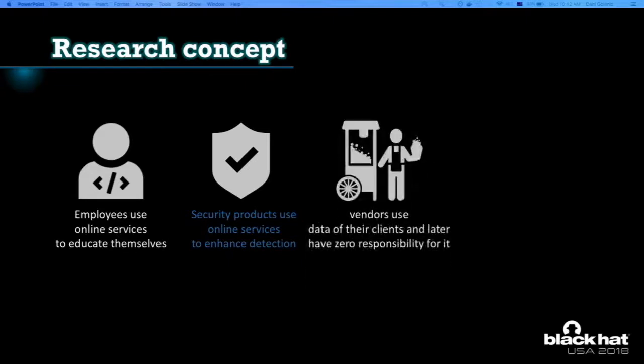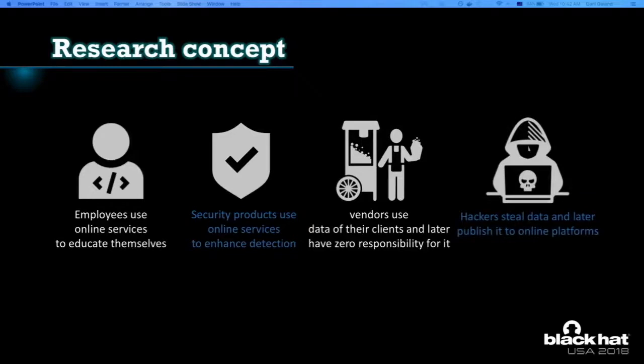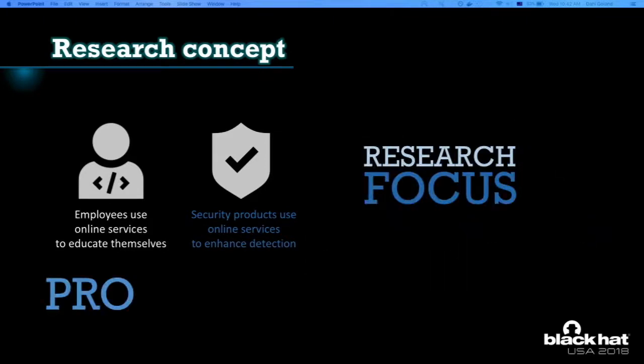We have other things like the vendors who don't care about our data. And we also have hackers, who try to take this information and make financial gain out of it in most cases. But we're going to ignore that. We're going to focus on the employee side and on the security products, mainly the security products. So at first, we thought that security products are supposed to be very professional.